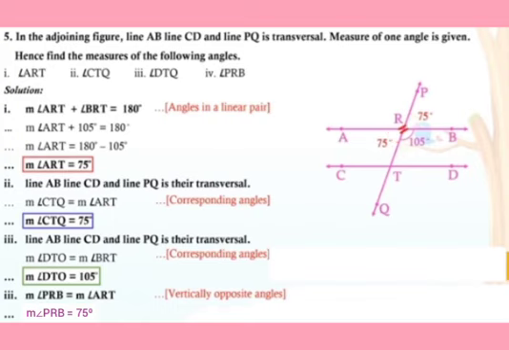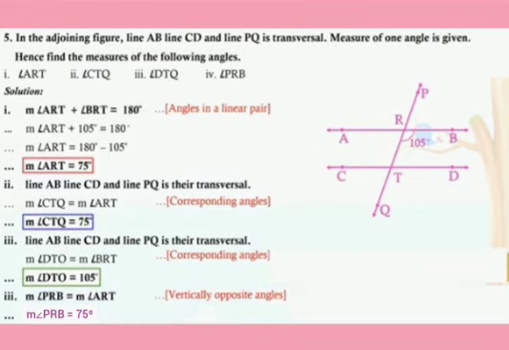Students, in this way we have found all these four angles. Angle ART is 75 degrees. Angle CTQ is 75 degrees. Angle DTQ is 105 degrees. Angle PRB is 75 degrees.